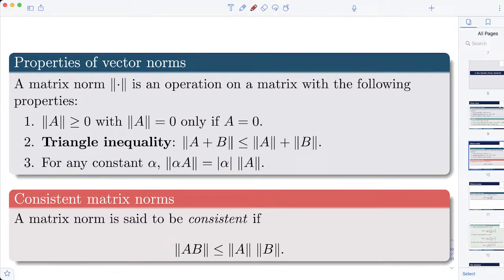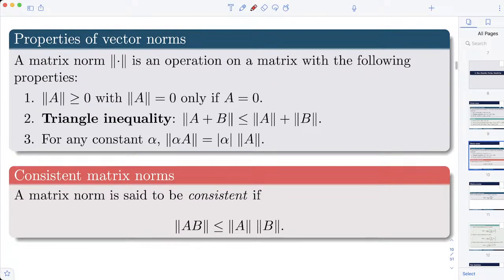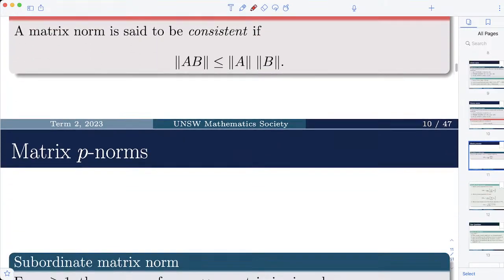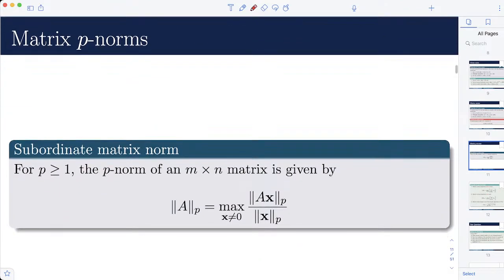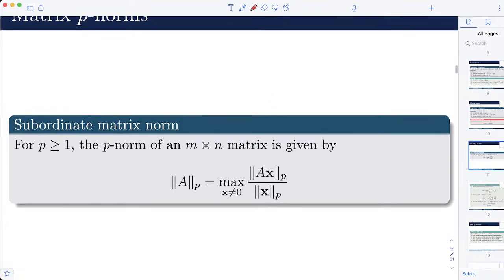We also have this definition over here of a consistent matrix norm, but I think the most important thing we have to know for this course is the definition of a subordinate matrix norm, which you might also sometimes hear referred to as an induced matrix norm. And that's just this definition over here. So the P norm, so 1 norm, 2 norm, and so forth, of a matrix A is just given by this ratio of vector norms over here.